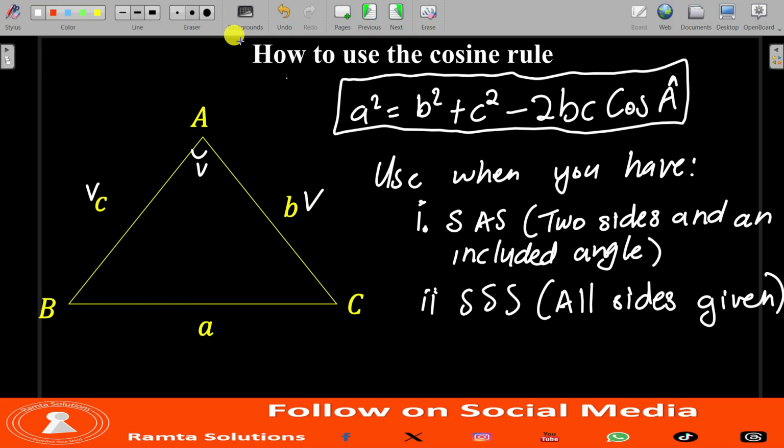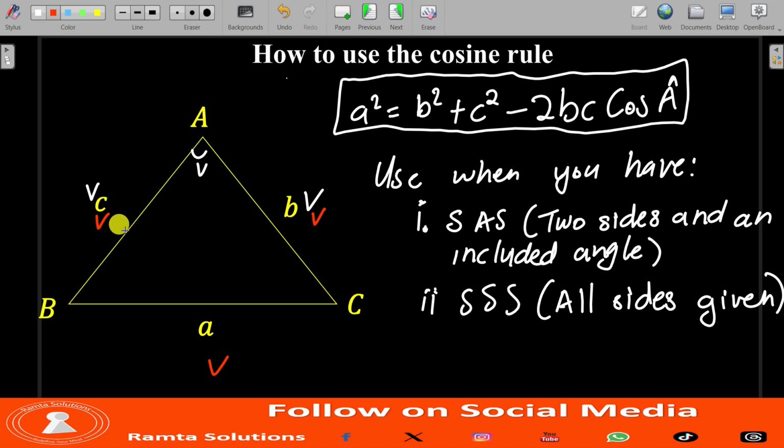Another way of using cosine rule is when you are given all sides. When you are given all sides, the question can ask you to calculate any angle. So this is why we said triple S. Of course, I know you see this with congruency, but I'm not really using it regarding congruence or similarity.